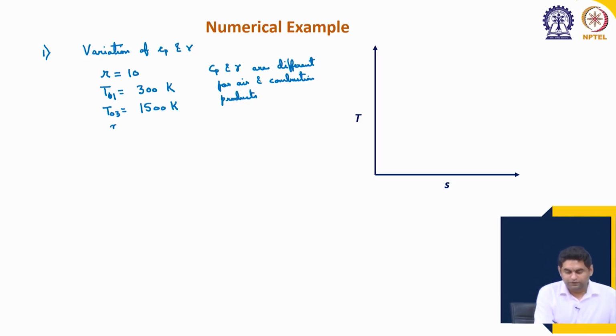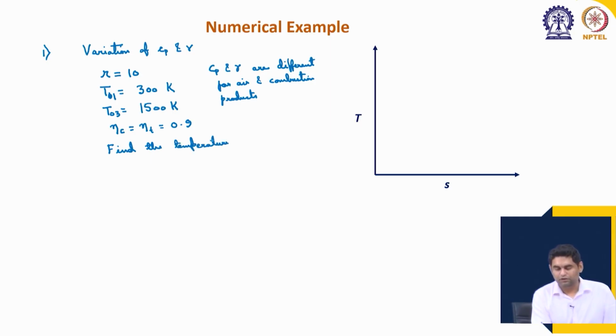The isentropic efficiencies of the turbine and compressor are both given as 0.9 and there are no pressure losses, and we need to find the states, the temperature, at the end of each process.